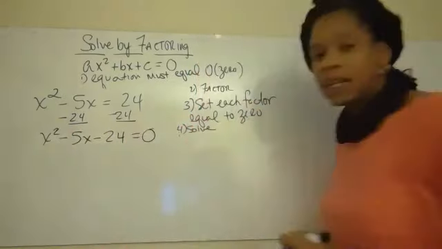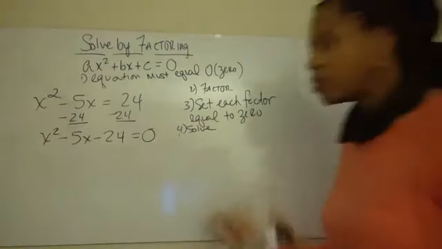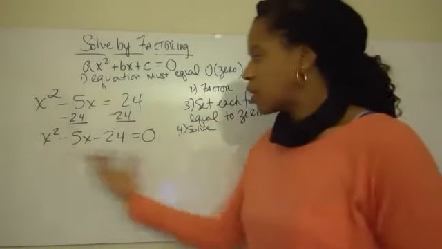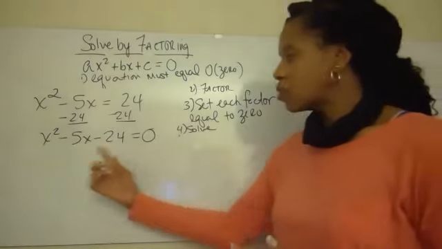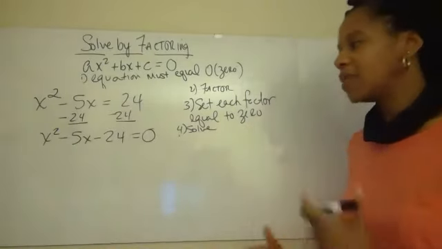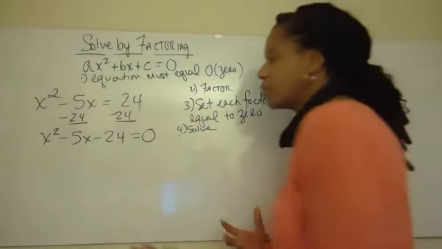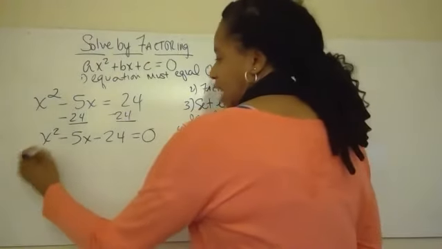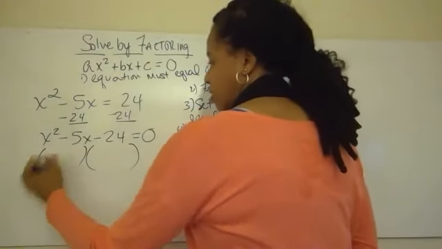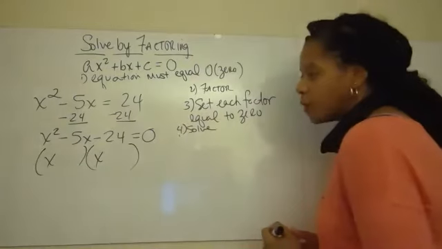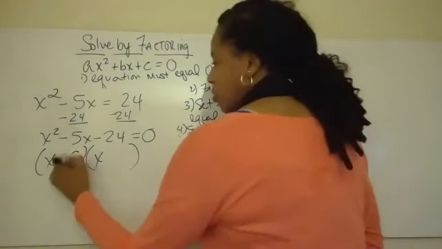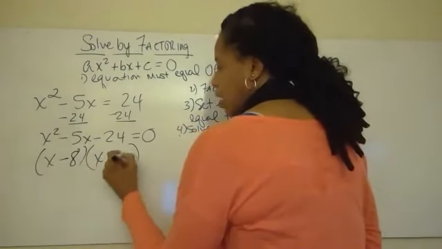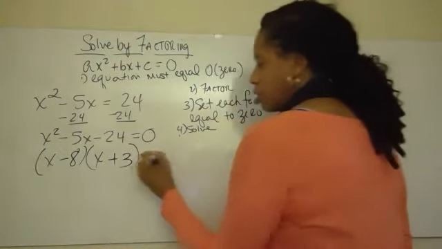So you just write it in descending order because it doesn't have a like term or anything. And then we're going to factor. So factor the 24, that'll give us the 5. And again, you factor however you're comfortable. So this doesn't have an a, so I'm going to just do our 2 sets of parentheses for this one. So factors of 24 that give a 5. So it's going to be a -8 and a +3.